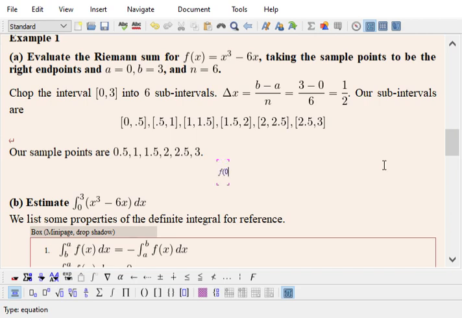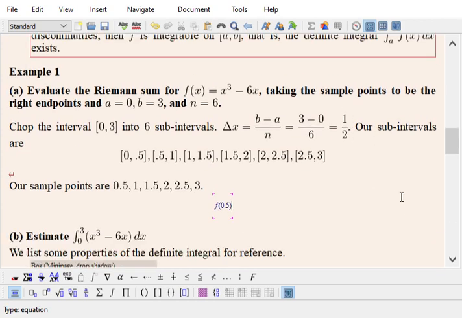So it's f at 0.5 times delta x, and delta x is 1/2. And then I'm just going to copy paste. So the next sample point is 1.